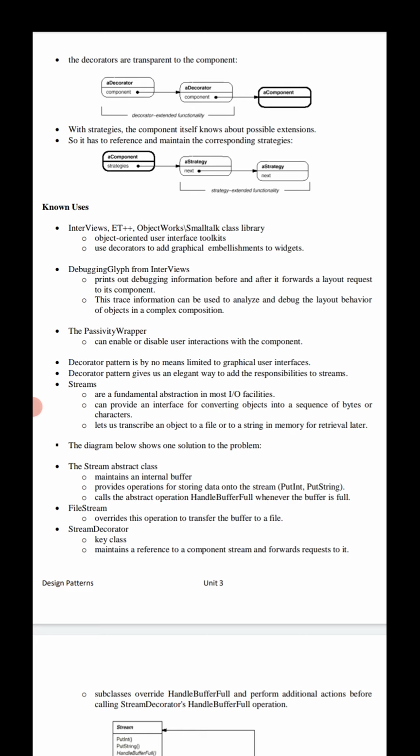A debugging glyph prints out debugging information before and after it forwards a layout request to its component. This trace information can be used to analyze and debug the layout behavior of objects in a complex composition.